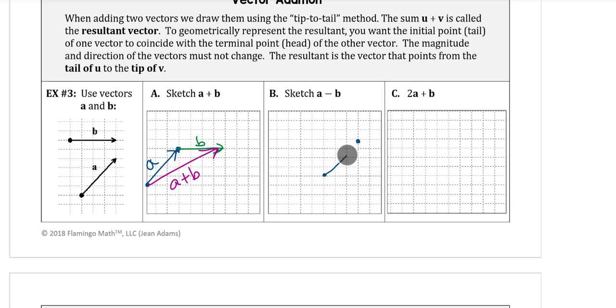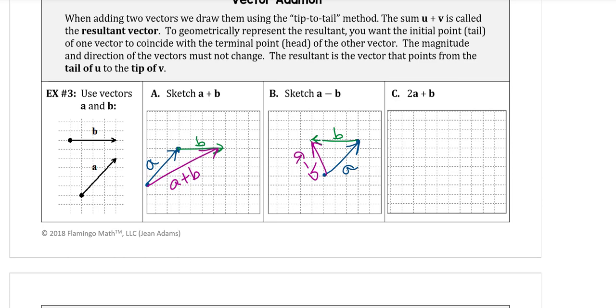There's my A. And B goes 4 across, but now I'm subtracting it, which means I changed the sign of B, so I'm going 4 in the opposite direction here. There's my B. And again, my resultant vector is going to go from the tail of A to the tip of B. So that's going to be my A minus B.